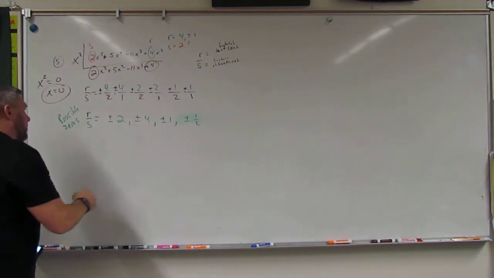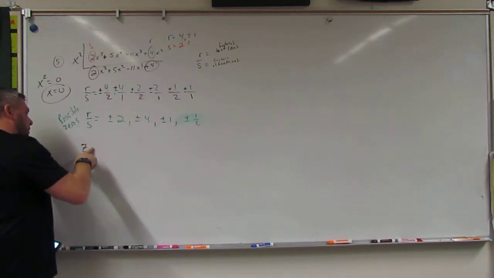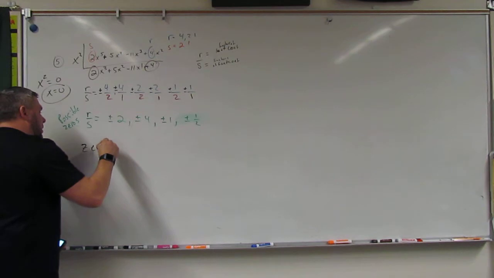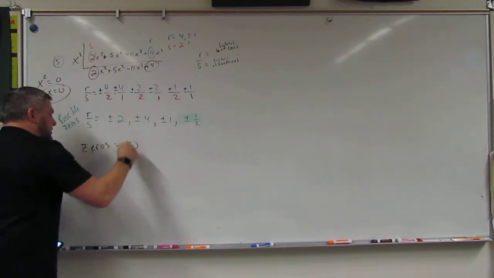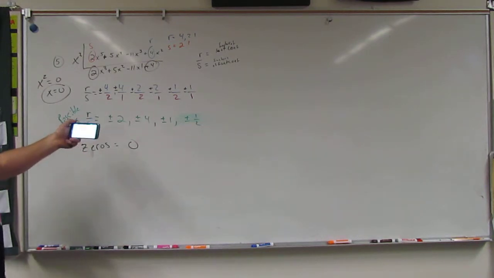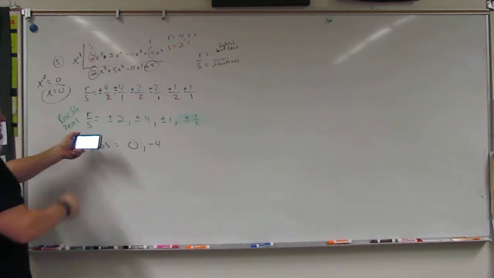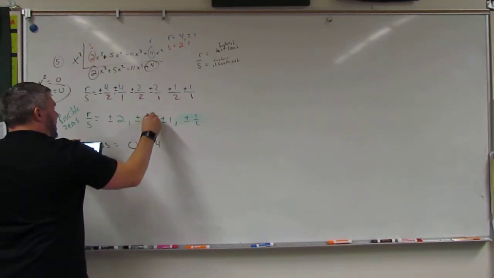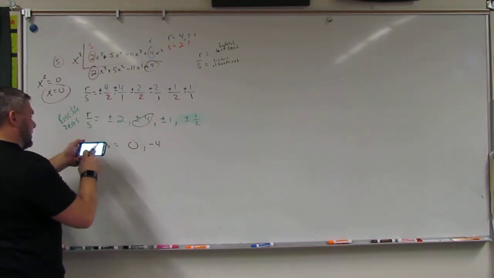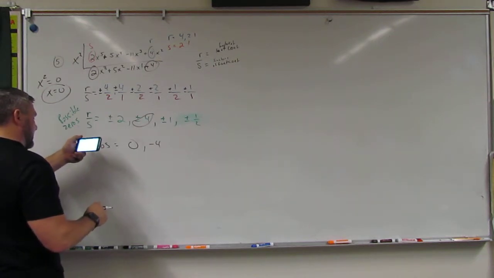So right off the bat, we know one of our zeros is going to be 0. Then we look at this graph, and I'm like, oh, -4. That was pretty easy. It doesn't look like I have a +4.